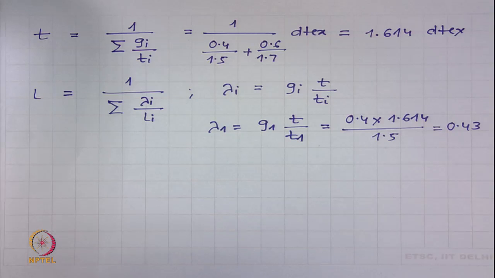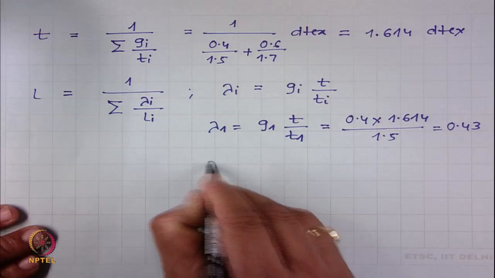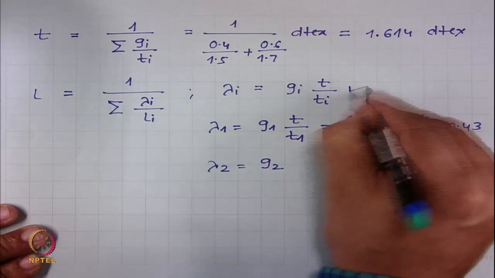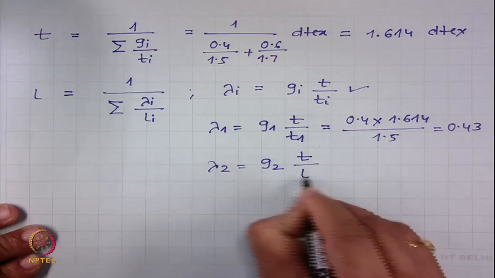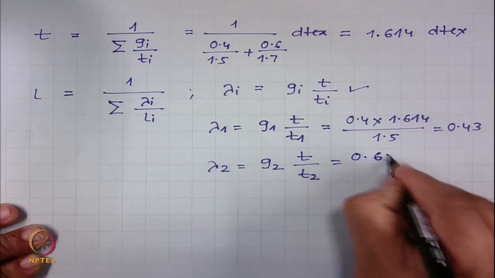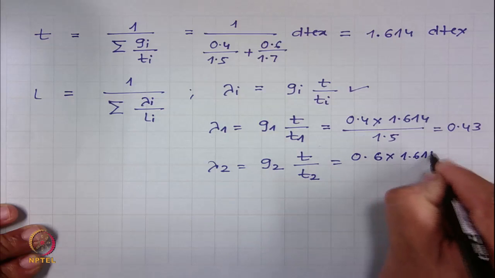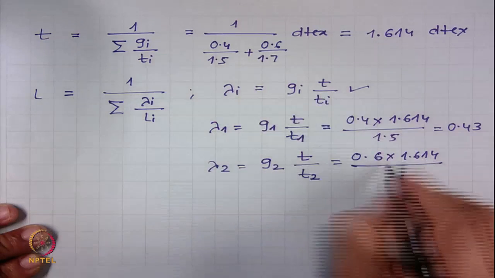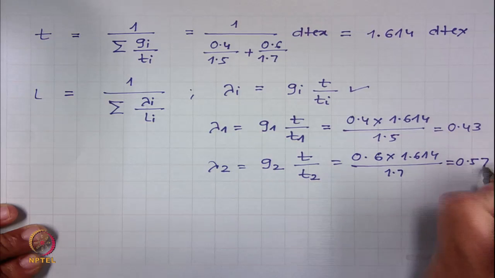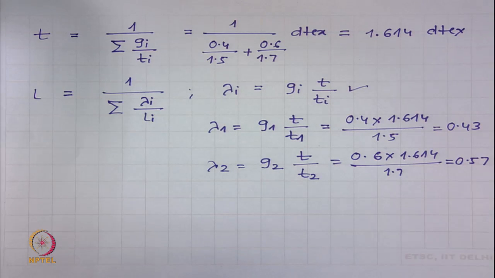It can also be calculated in another way, lambda 2 is G2 T by T2, 0.6 into 1.614 by 1.7. You will see it will also come 0.57. So, this is your lambda 1, lambda 2.